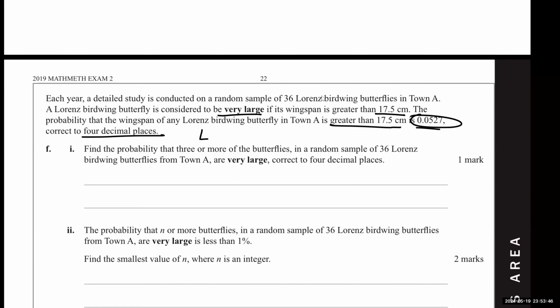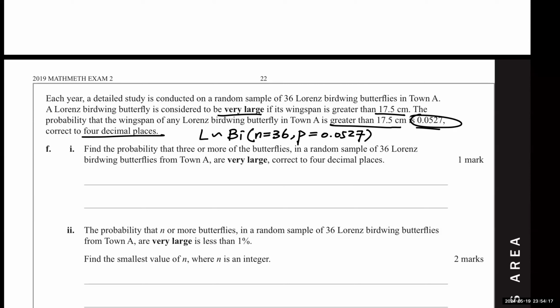Let's call the number of large butterflies L. It's either very large or not very large, so binomial distribution, n equals 36 and p equals 0.0527, okay? If I wish, I could use the norm CDF to calculate a more accurate answer, but I don't think it's necessary because the question provides you this number for you to use, okay?